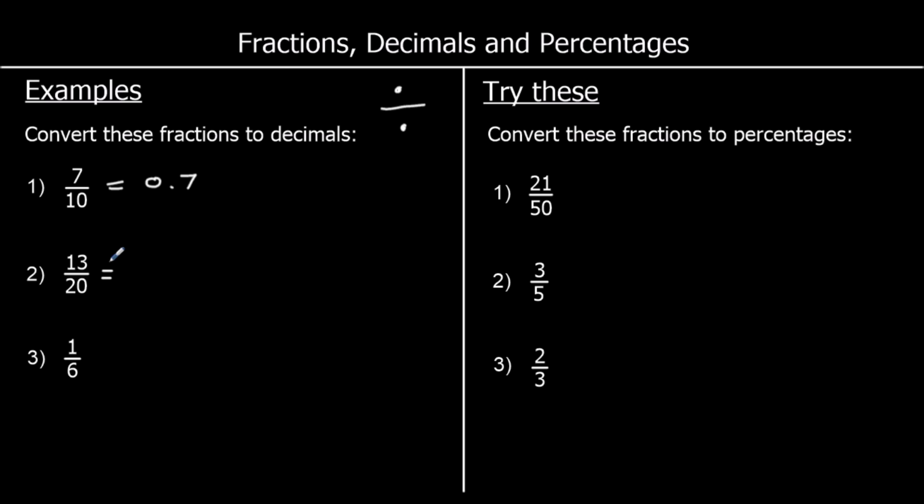So 13 times 5 is 65. 20 times 5 is 100. So it's 65 over 100. And 65 divided by 100 is 0.65. We could have also halved top and bottom and had 6.5 over 10. And 6.5 divided by 10 is also 0.65.